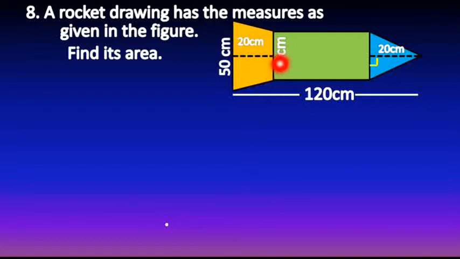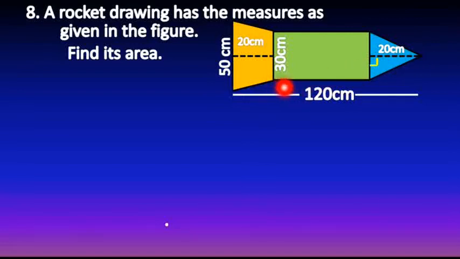Now the breadth of this rectangle is also 30 centimeters. And here the height of the triangle is given as 20 centimeters. You can see the opposite sides of the rectangle are equal. So the base of the triangle will be 30 centimeters, and the height of the triangle is 20 centimeters.